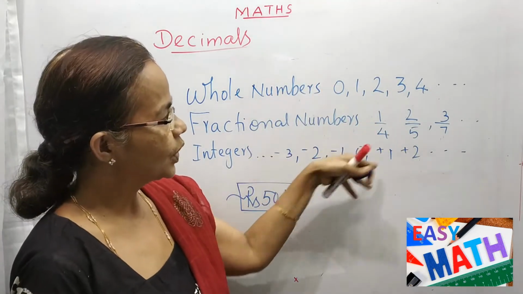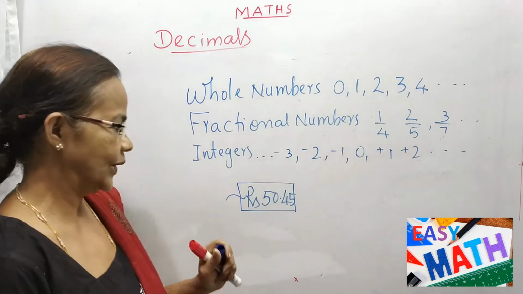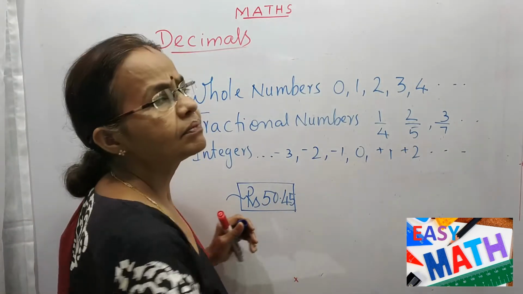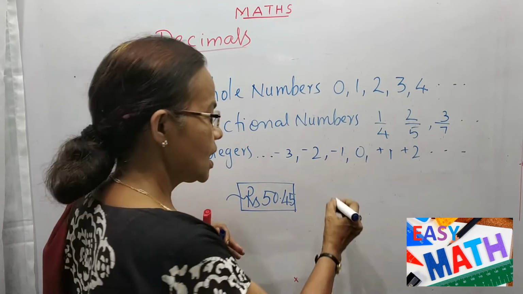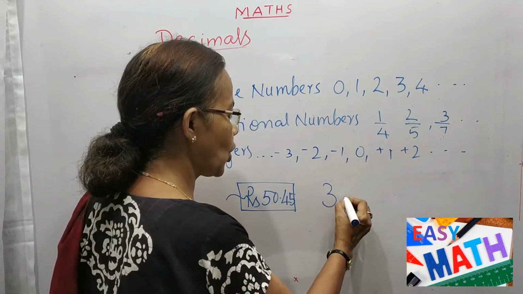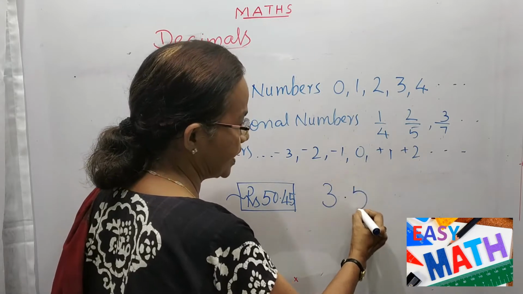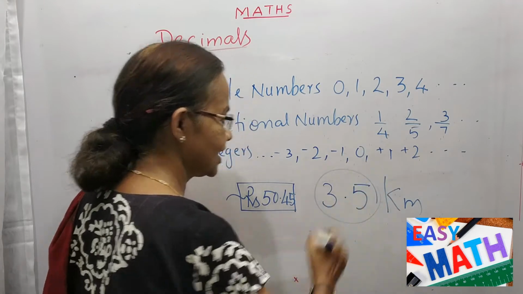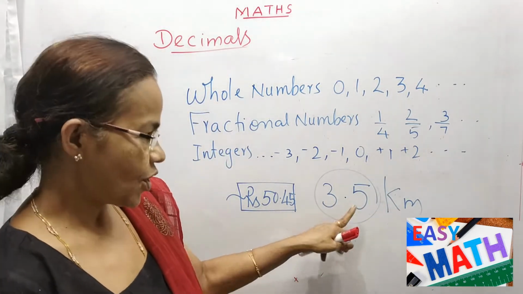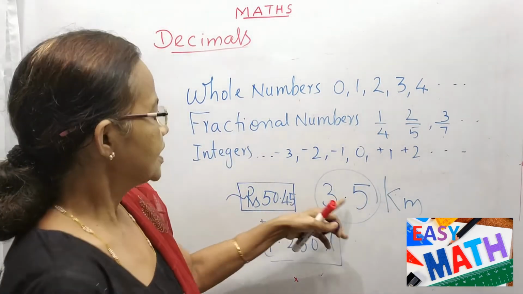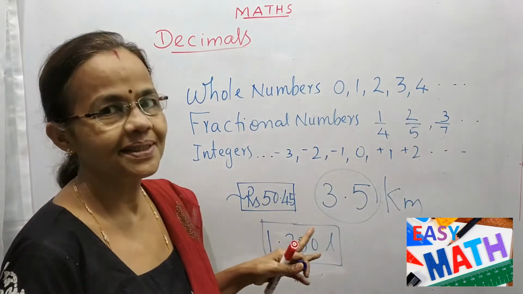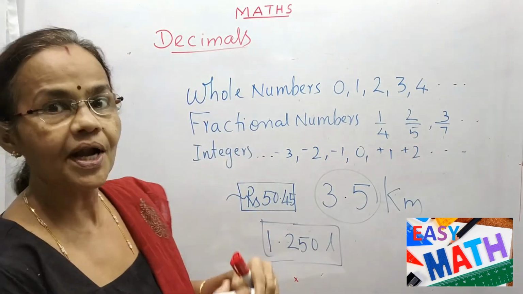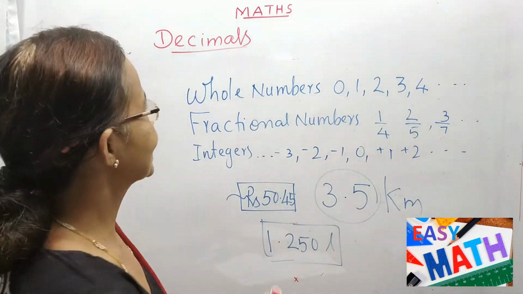Then see, the distance from home to school is 3.5 kilometer. What do you mean by this? This also has a point. Here the numbers have a point. This type of numbers are called decimals or decimal numbers.